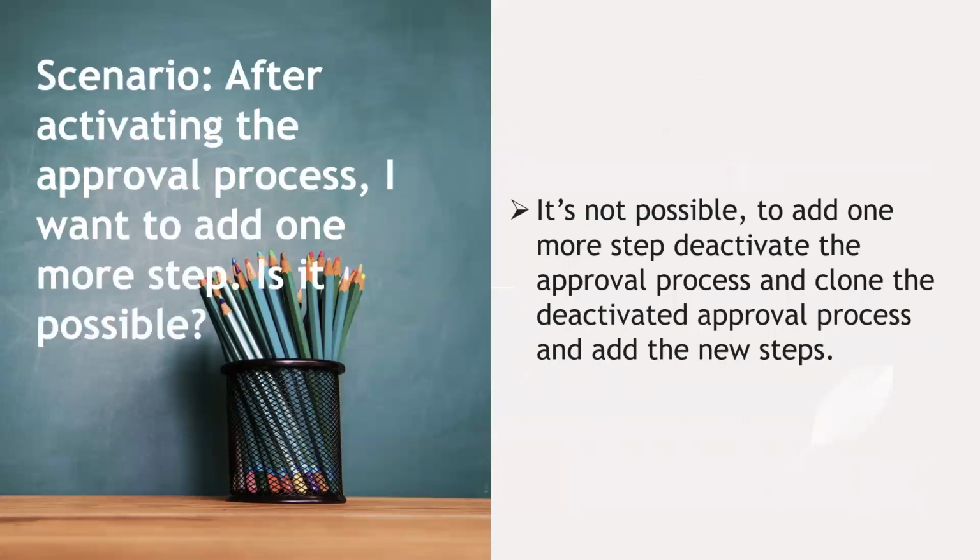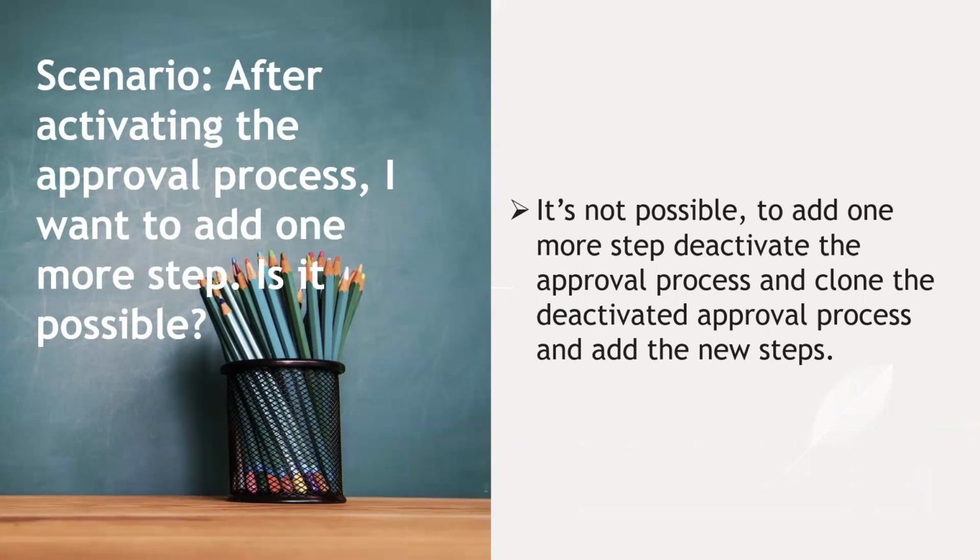Again, one more scenario. After activating the approval process, I want to add one more step in that approval process. Is it possible? No. Even after activating the approval process, we can't add one more step in the same approval.